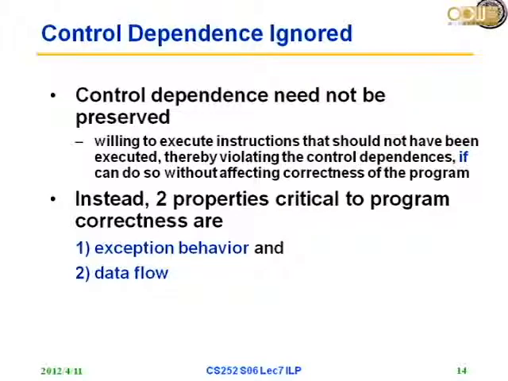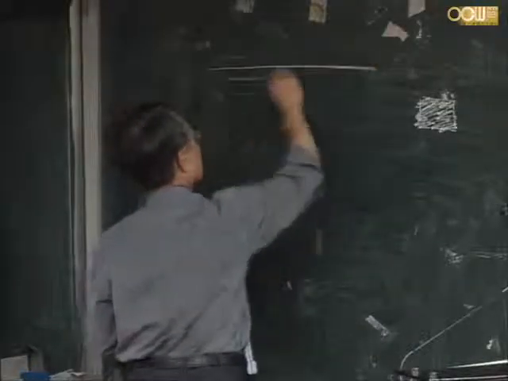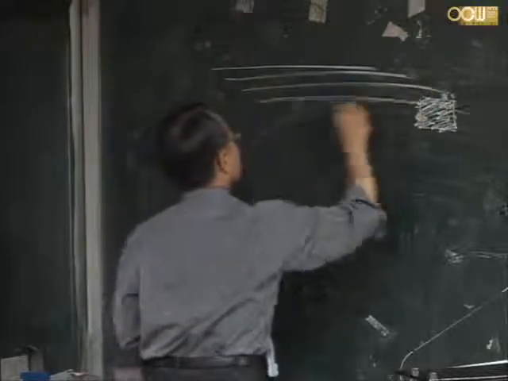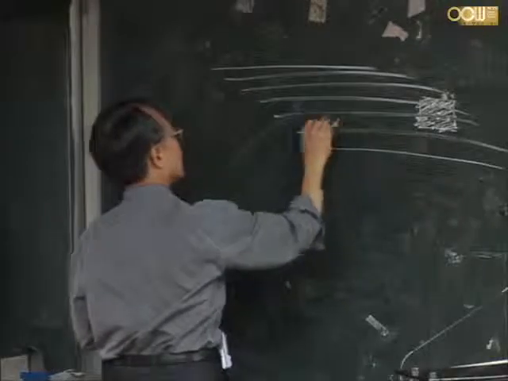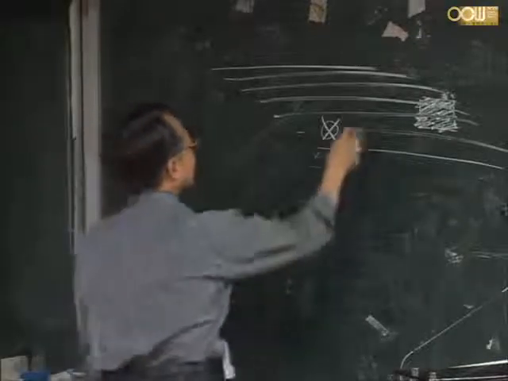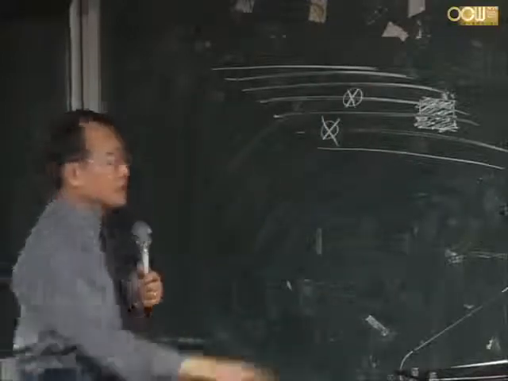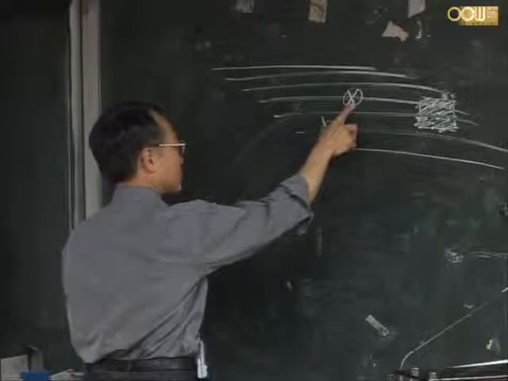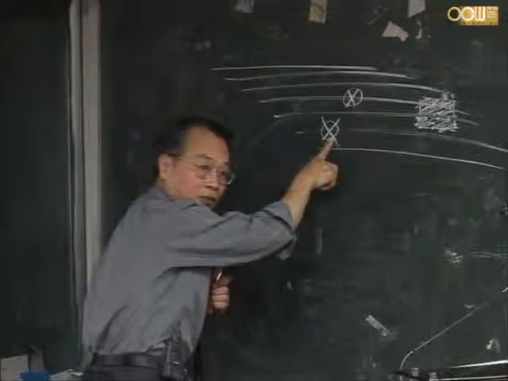Okay, in a pipeline execution, if some exception occurs here, don't be in a hurry to handle it, because later you might have another exception occurring here. And this may be the exception that you should handle before dealing with this one.